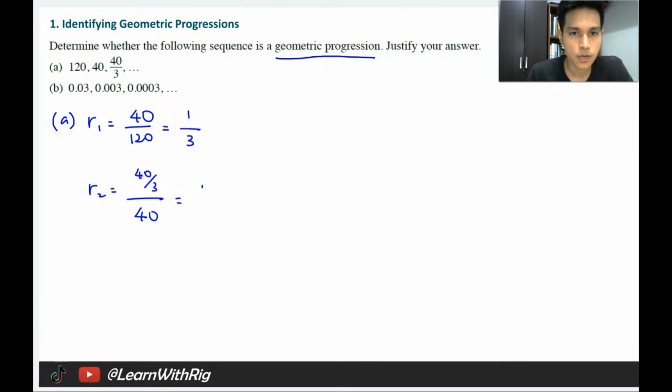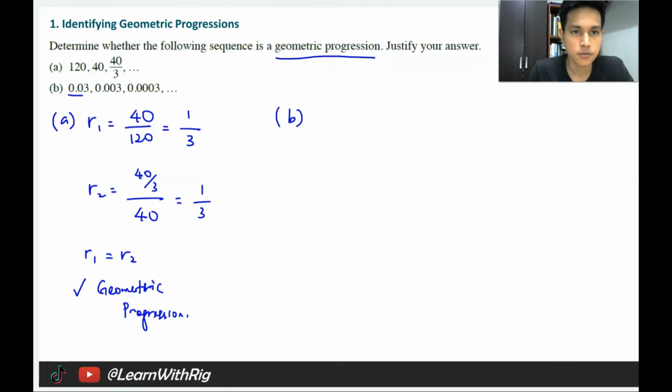You should also get 1/3. You can just type it in your calculator. So since R1 is equal to R2, that means they have a common ratio. Therefore, this is a geometric progression.